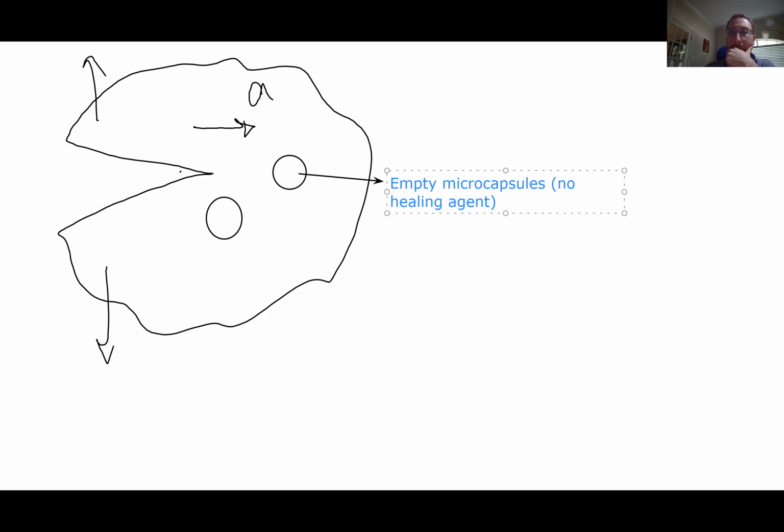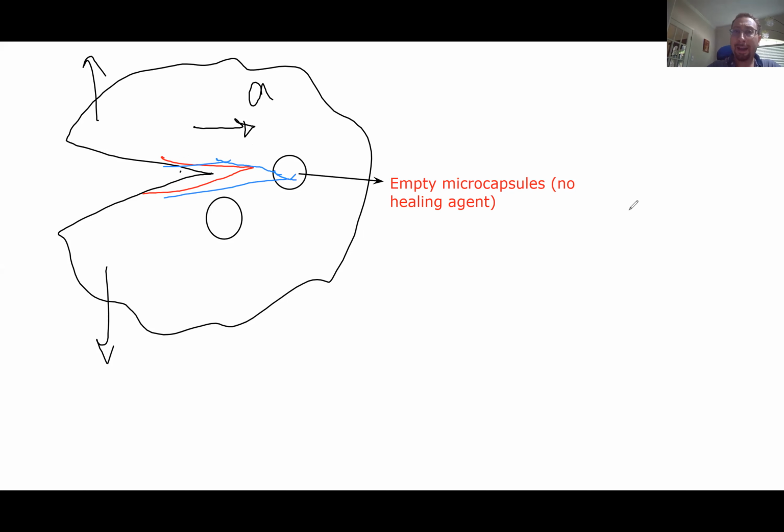Now, if the crack propagates by some amount, and let's say initially the crack goes from here to here, so this is our new crack tip. Okay, so far no problem. But now let's say the crack propagates even more and it reaches this one.